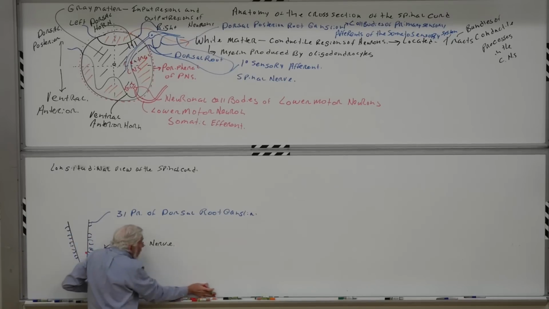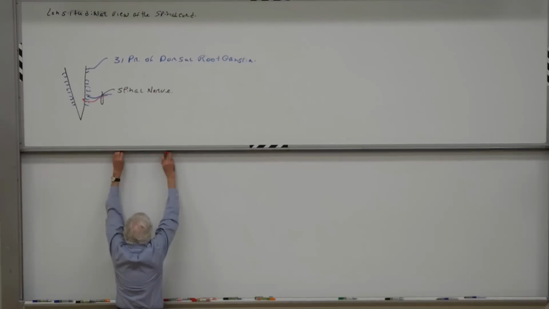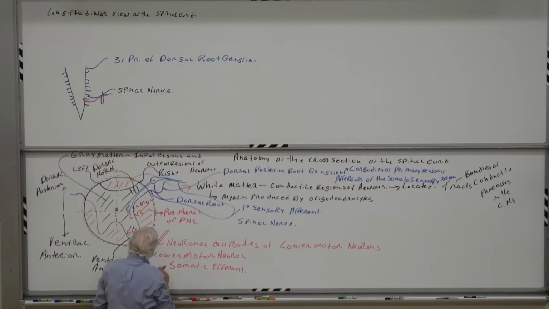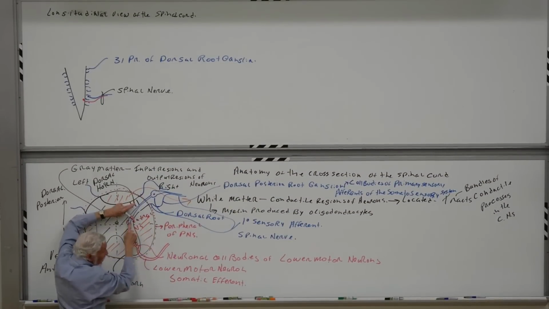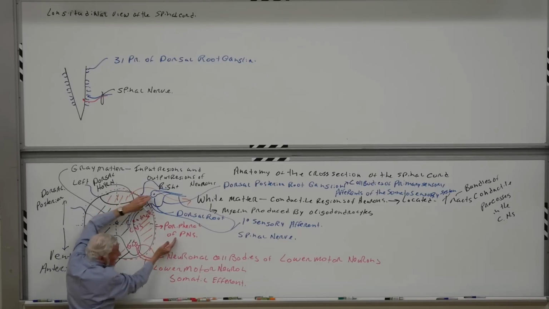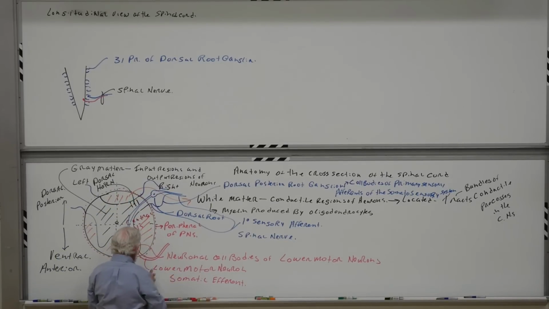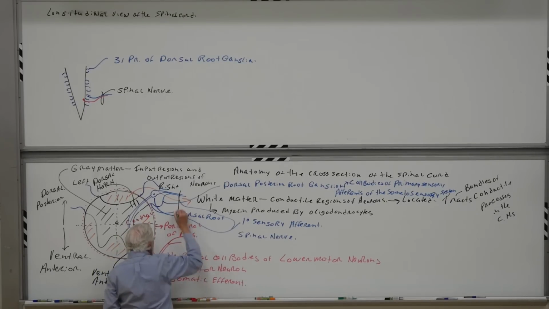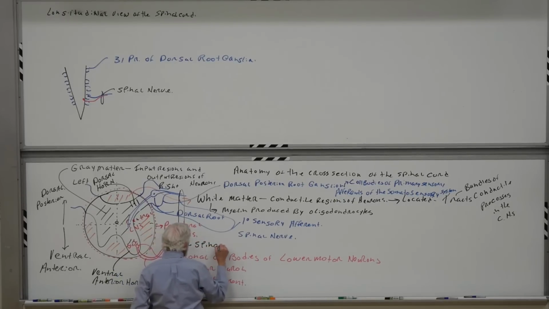So if we were to draw this in the cross-section, what we see is that these primary sensory afferents and the efferents will join one another. They will join one another out here someplace and bundle together in something known as the spinal nerve.